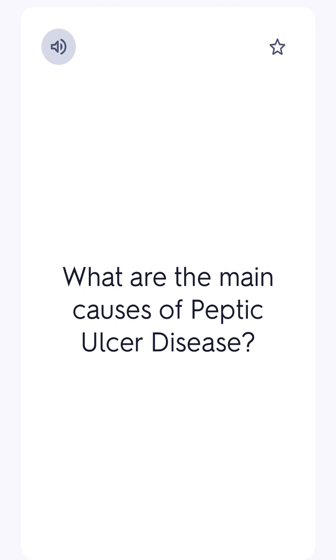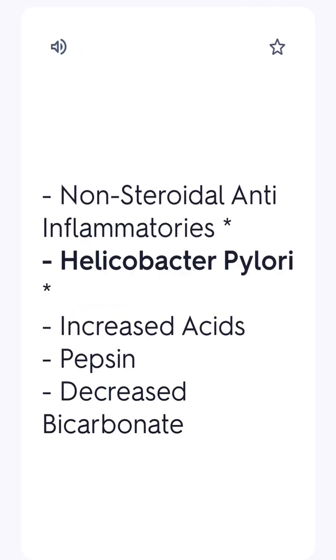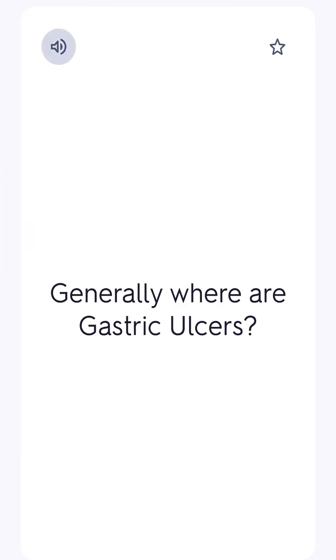What are the main causes of peptic ulcer disease? Non-steroidal anti-inflammatories, Helicobacter pylori, increased acids, pepsin, decreased bicarbonate. Generally, where are gastric ulcers?